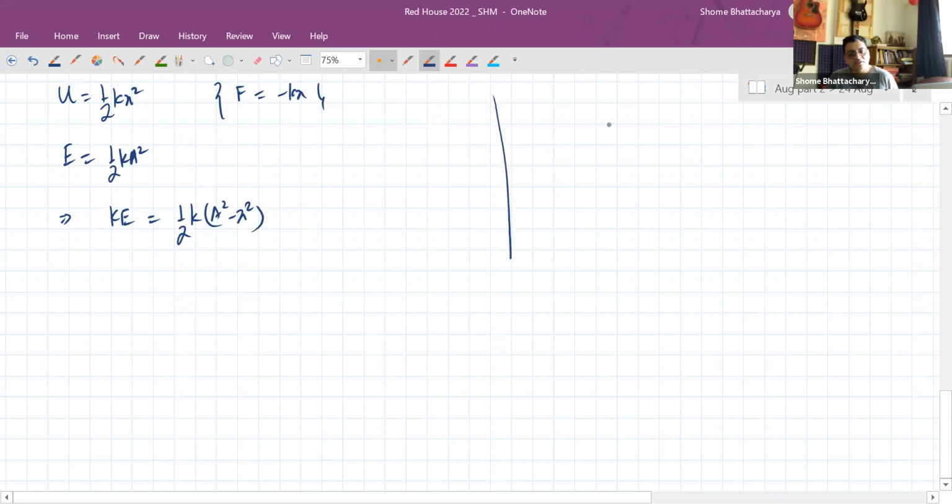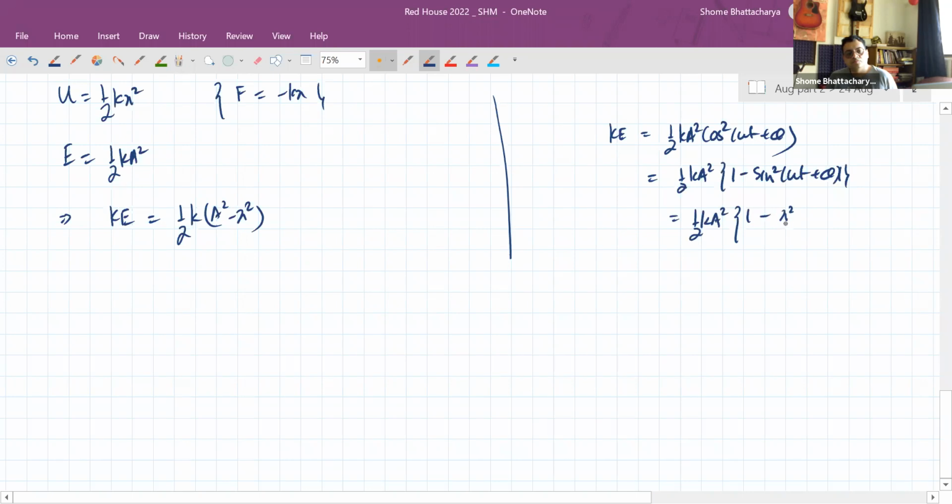Another way to understand that is that kinetic energy was half k a square cos square(omega t plus phi), which we can write as 1 minus sine square(omega t plus phi). So whether we write it this way or that way, we can understand that.